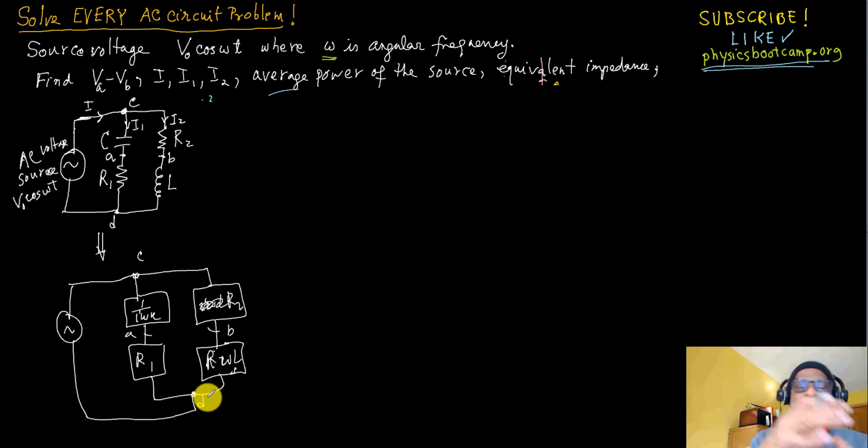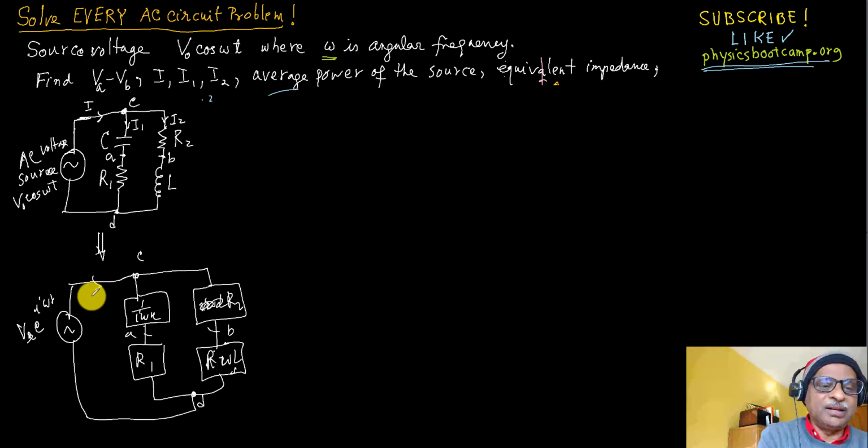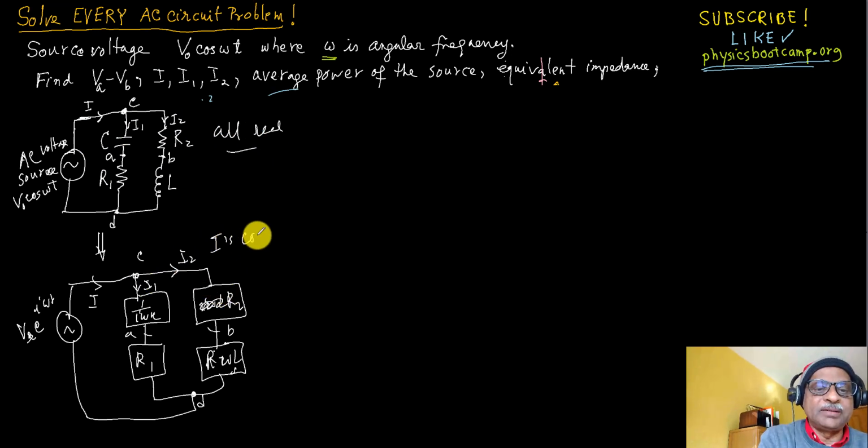Now I can just pretend I'm in a DC circuit, and the source is V0 e^(i omega t). I just pretend now. Everything is complex. This I is complex, this I is complex. These are all real, and these I's are complex because V is complex, so everything is complex now.